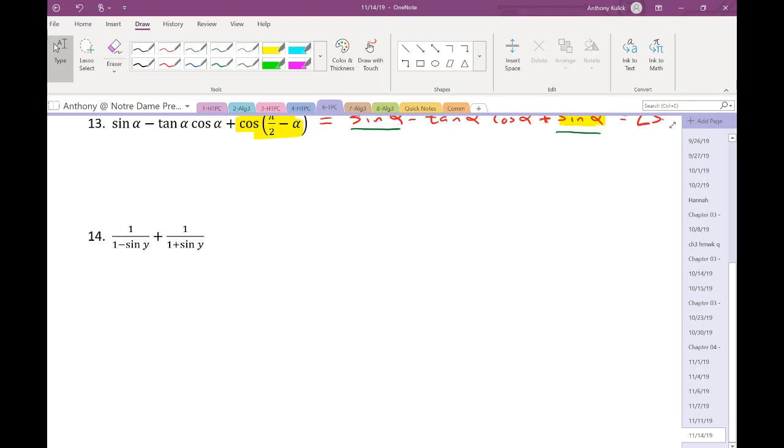If I wanted to add these together, what do I need to have? A common denominator. What would that common denominator be?